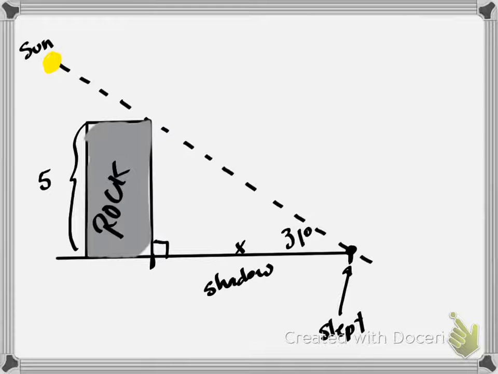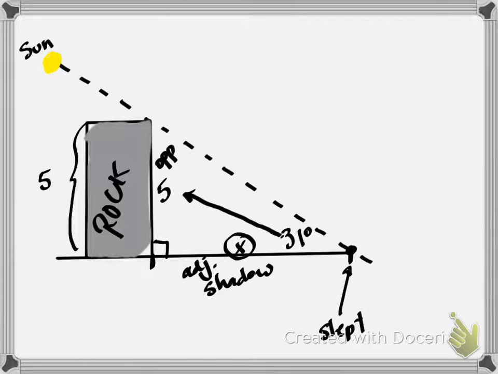All right, so again, what we're looking for is, this rock is 5 meters tall. So this side is what in relation to the 31? And this x is what in relation to the 31? Hopefully you know that this is opposite the angle 31, and this is the adjacent side to the angle 31.